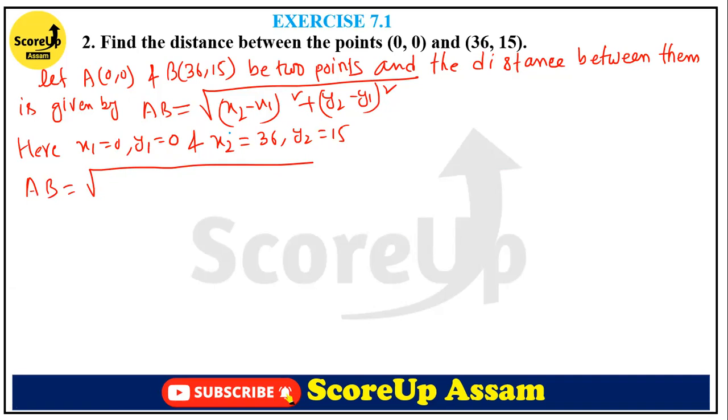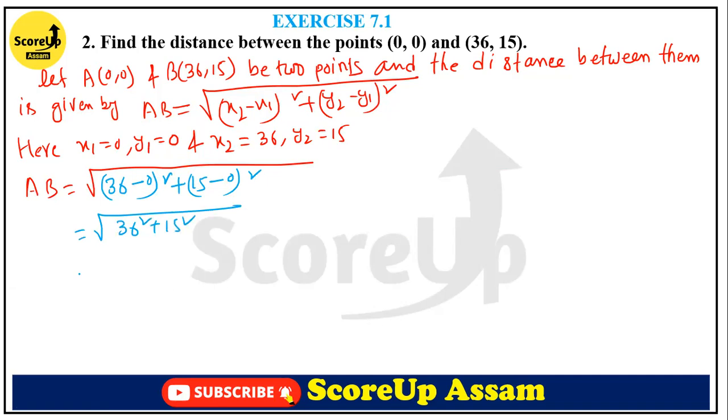So it will be, the value of x2 is 36 minus x1, that means 0, plus 15, that is y2 minus y1, minus 0 whole square. So ultimately it will be root over 36 square plus 15 square.